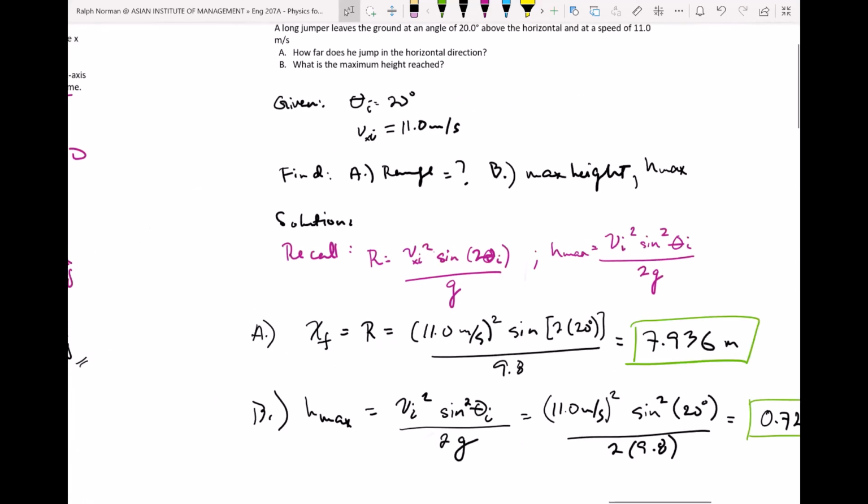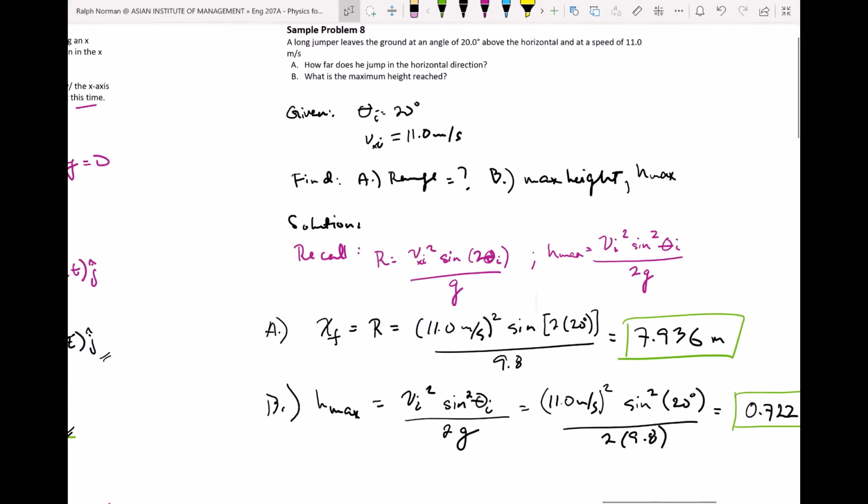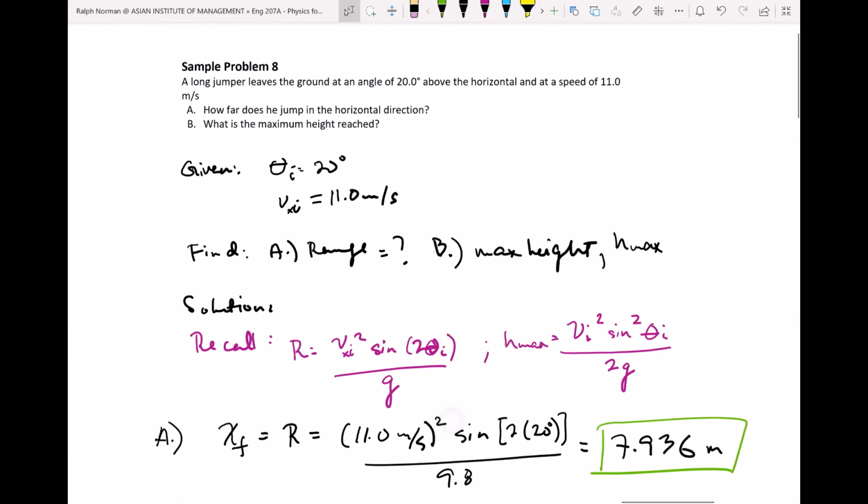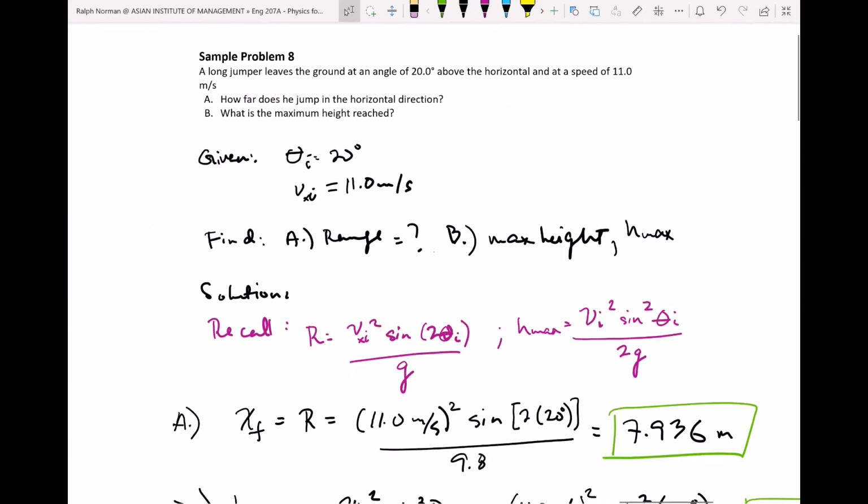Last but not least, we have an example of a projectile problem. This one is simply a long jumper. We're given a long jumper who leaves the ground at an angle of 20 degrees above the horizontal, at a speed of 11.0 meters per second.